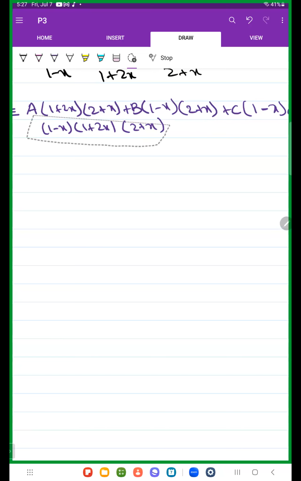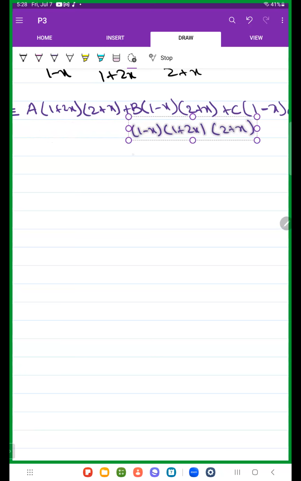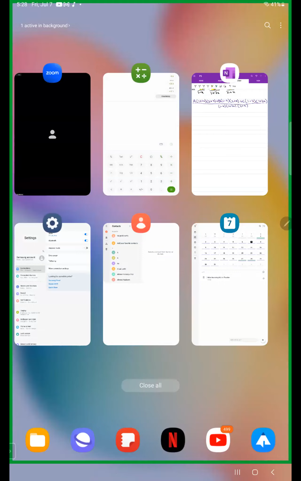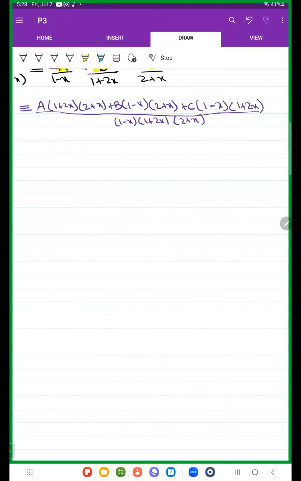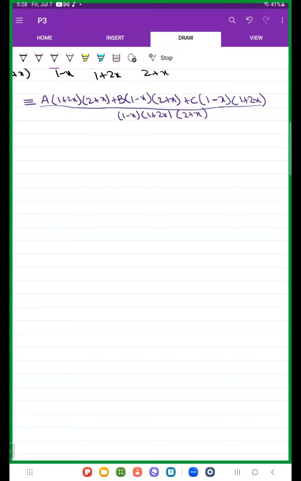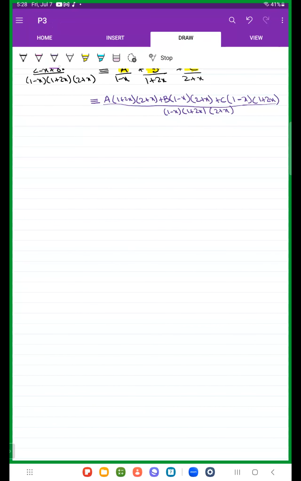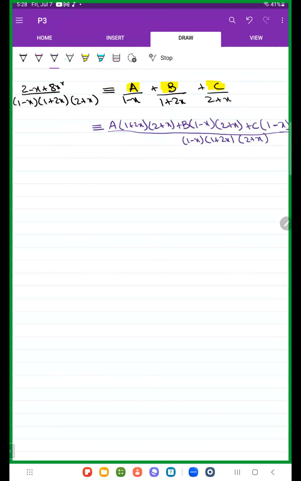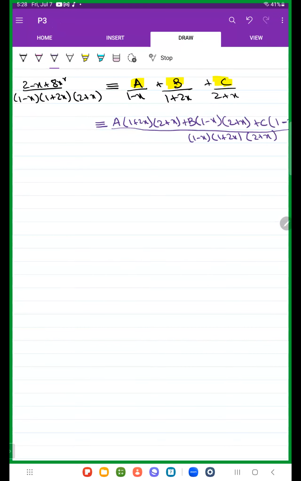All right, let's look at the further calculation part. Now the next step is you need to find the values for A, B, and C. For that, you can see that the denominator is completely equal to the denominator, but for the numerator, you have to calculate it.